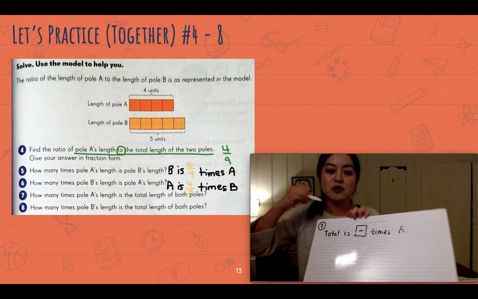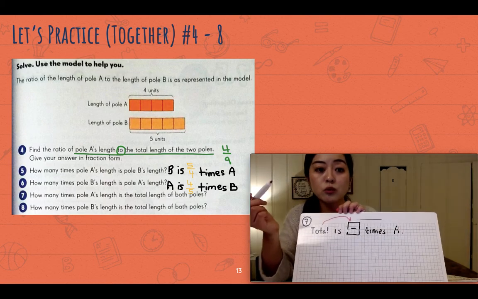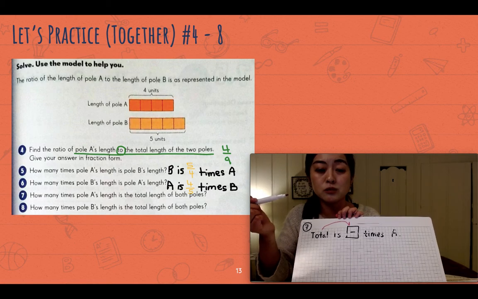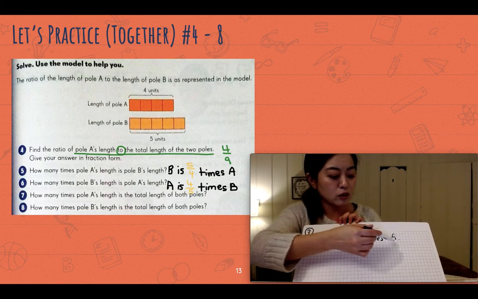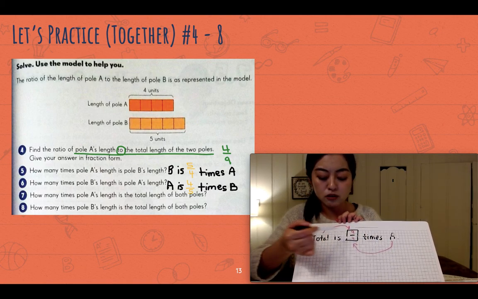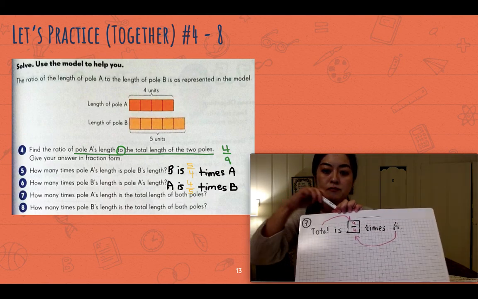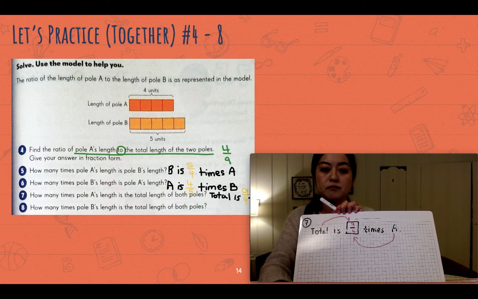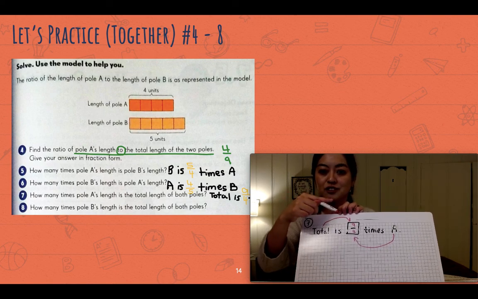So, what is the total? Okay, well, the total of both poles is A plus B, which is 4 plus 5, which is 9. Okay, and then what is A? A is 4. Okay, so the total is 9/4 times A. Okay, that's what it says behind my video screen.